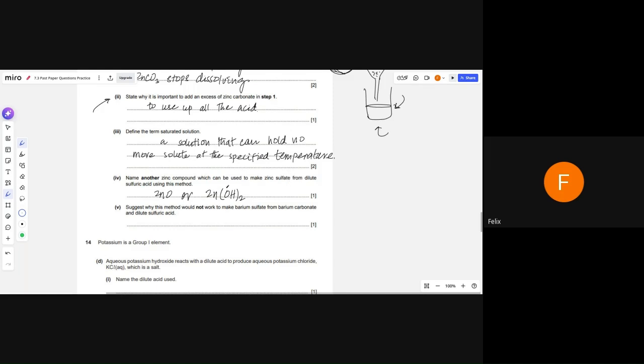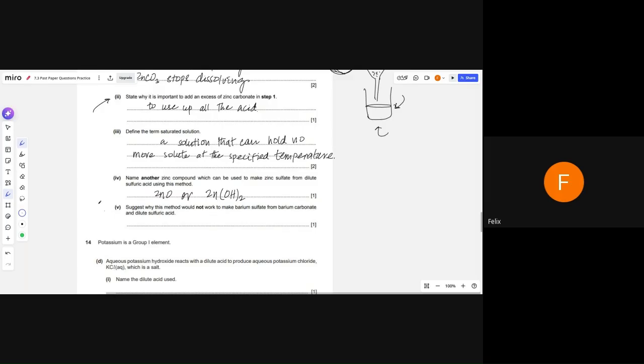They must be insoluble. So any zinc containing compound can be used that is insoluble and that reacts with sulfuric acid, right?